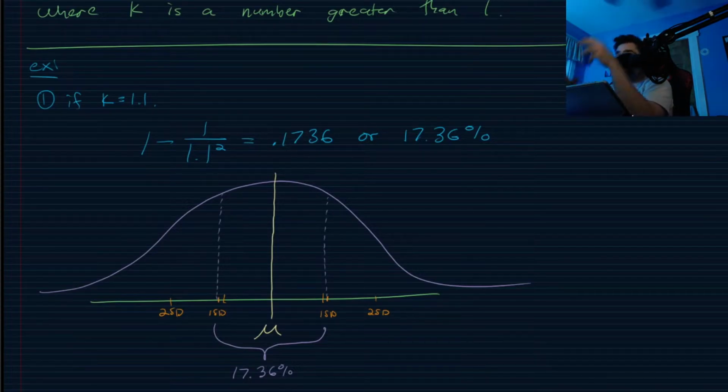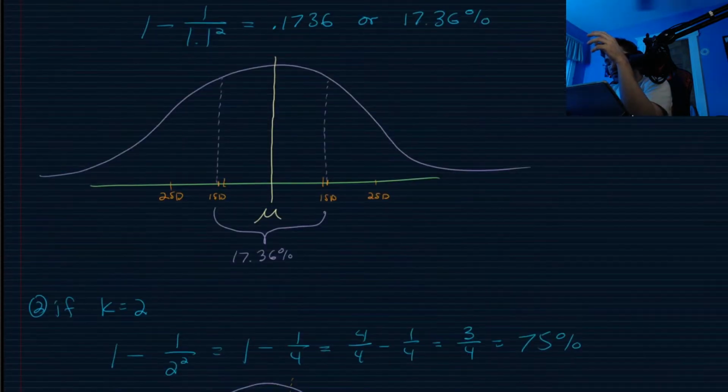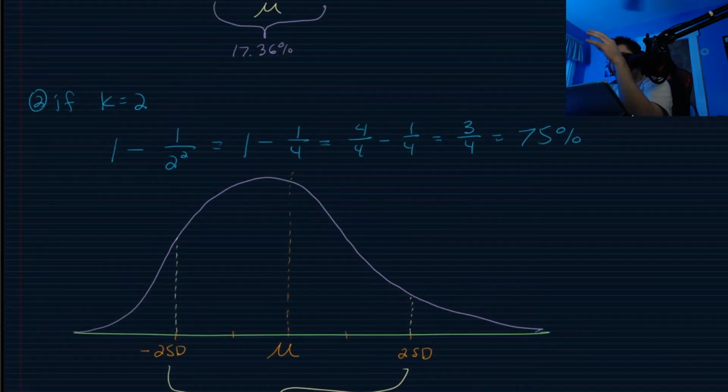So, for example, if k is 2, that means we're trying to use Chebyshev's theorem to figure out the minimum percentage of data values that fall within 2 standard deviations away from the mean. And in this case, we see 75%.